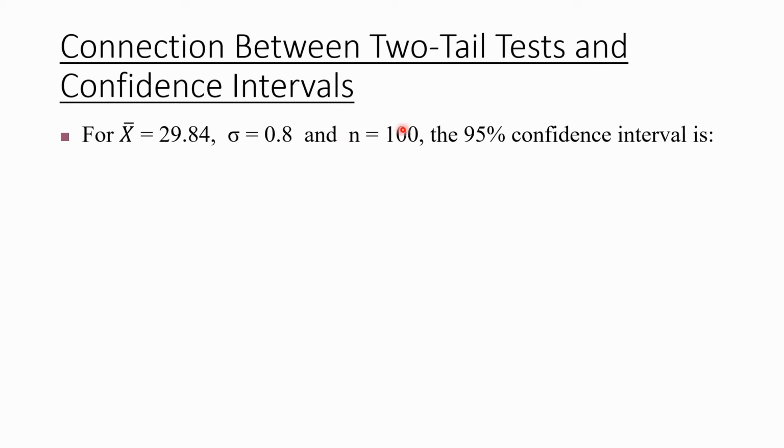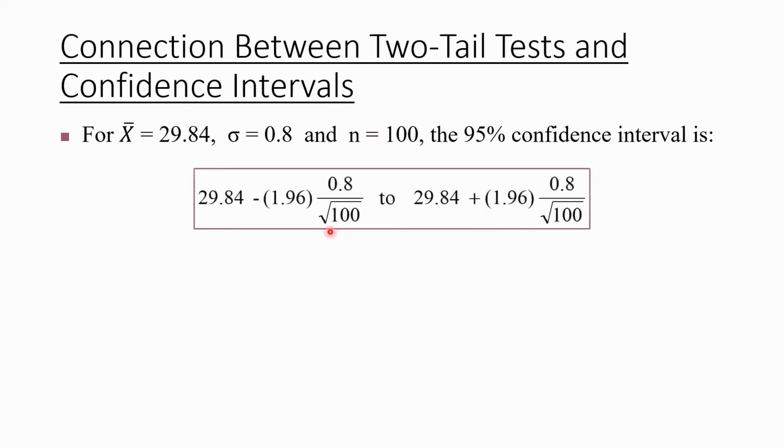So that is given by this. Here I have separated the plus or minus signs to make it a little bit easier. If you can't remember this, please go back and watch chapter 8 on confidence intervals.